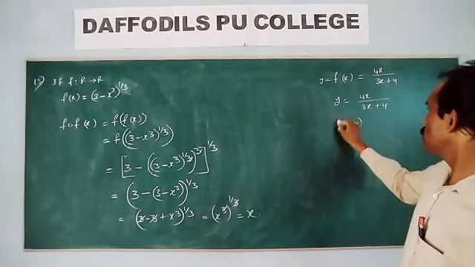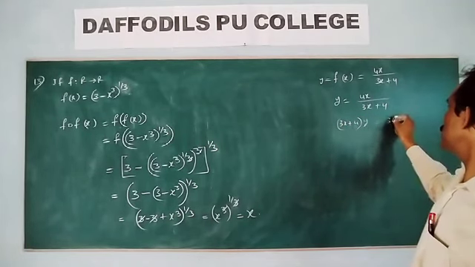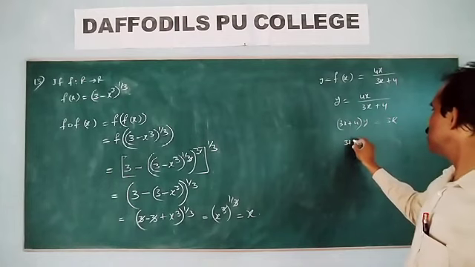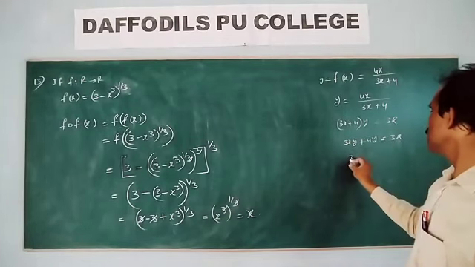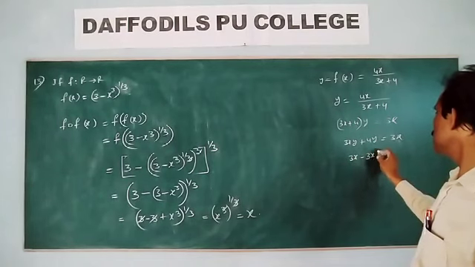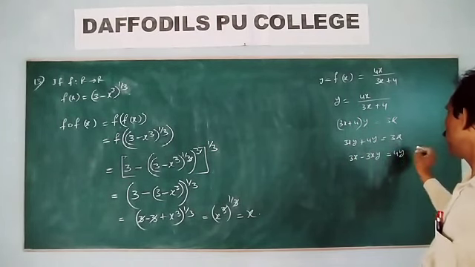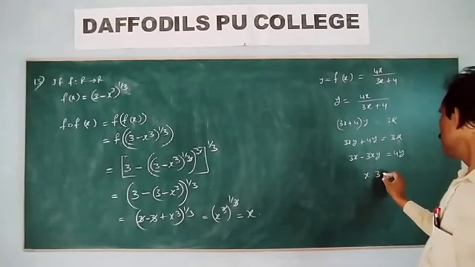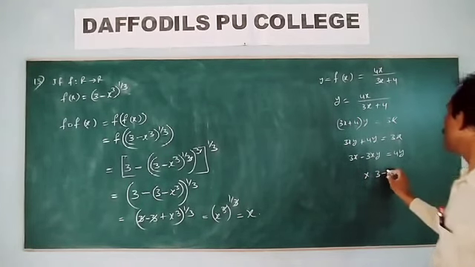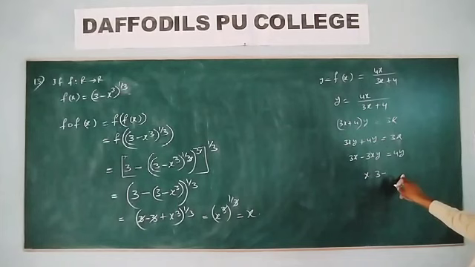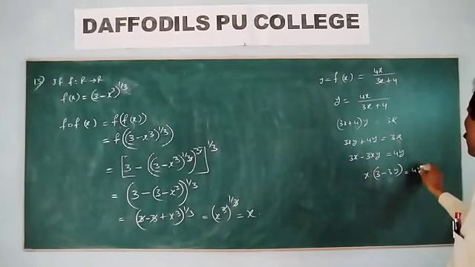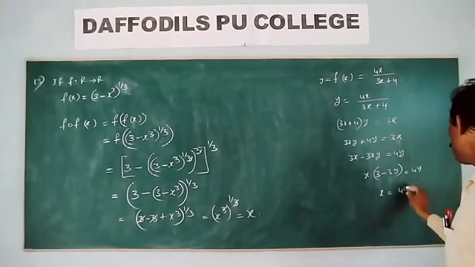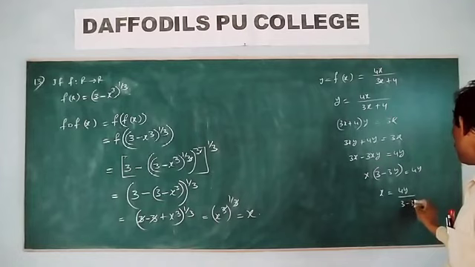Cross multiplying, 3xy plus 4y is equal to 4x. 3x minus 3xy is equal to 4y, x into 3 minus 3y is equal to 4y, x is equal to 4y by 3 minus 3y.